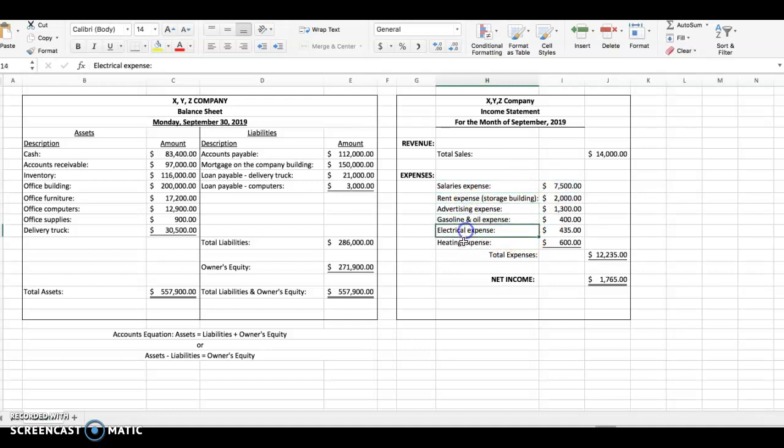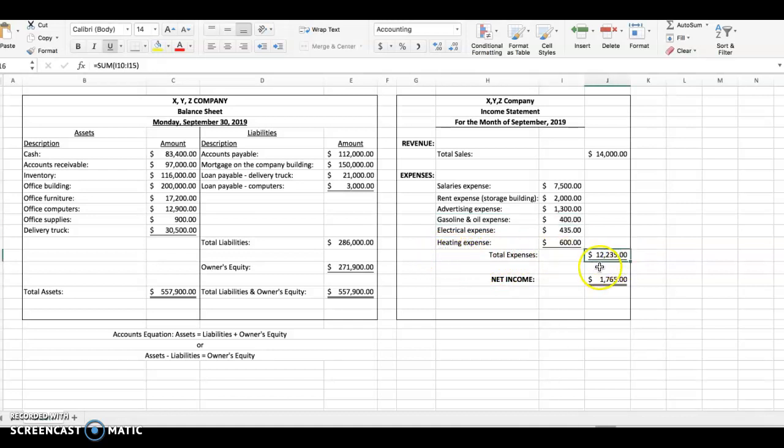Advertising, gas, electric, heating, all of these things are not purchased in exchange for an asset. It's simply money that keeps the business going. So we have a delivery truck, but we have to have gas and oil to run the truck. So that's an expense. These are simply costs of doing business. So it's important to know the difference between a liability and an expense.